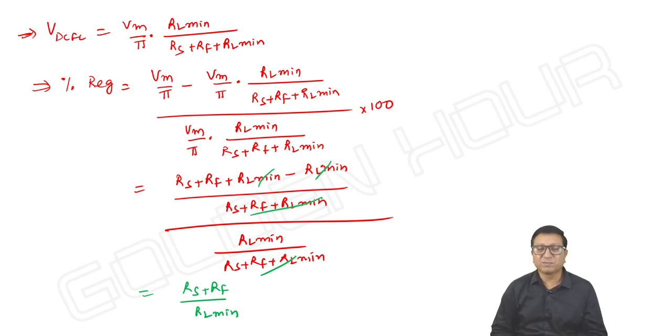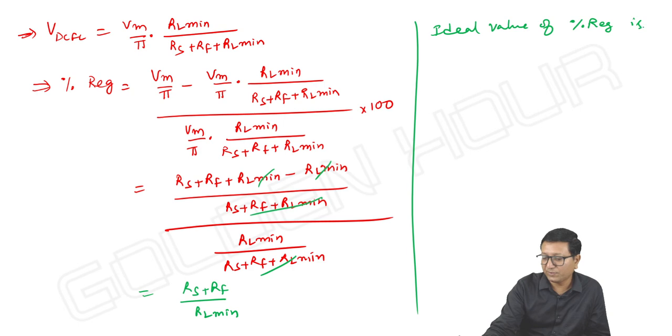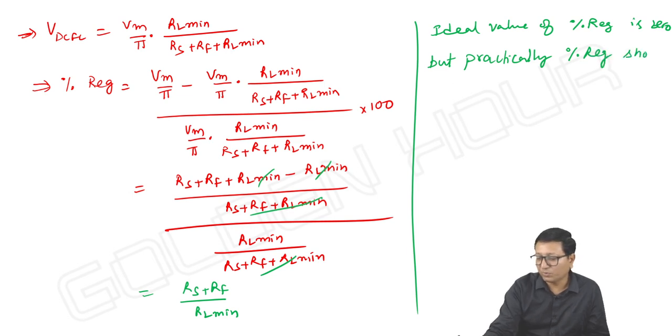Regulation should be as small as possible. Ideally 0. Practically it should be as small as possible. The ideal value of percentage regulation is 0, but practically percentage regulation should be as small as possible.